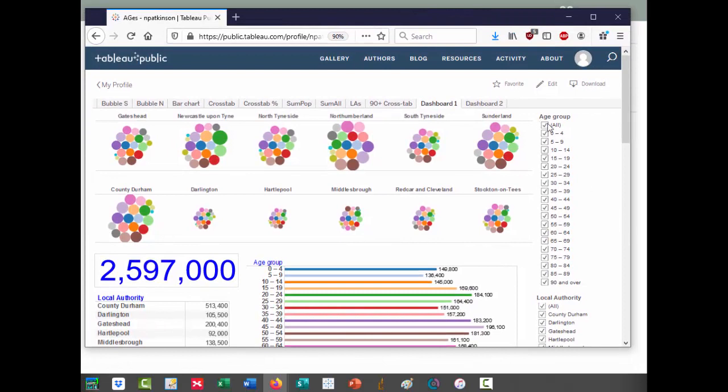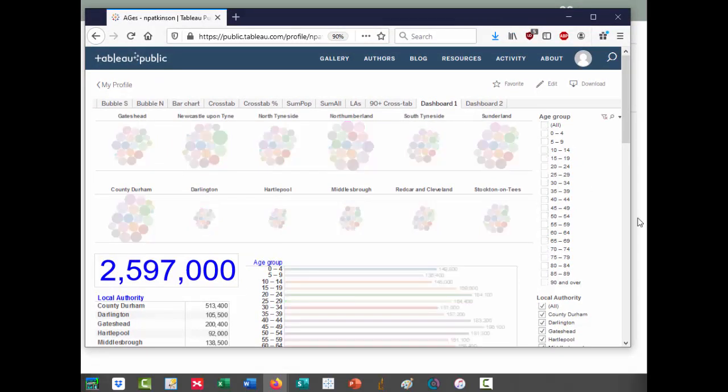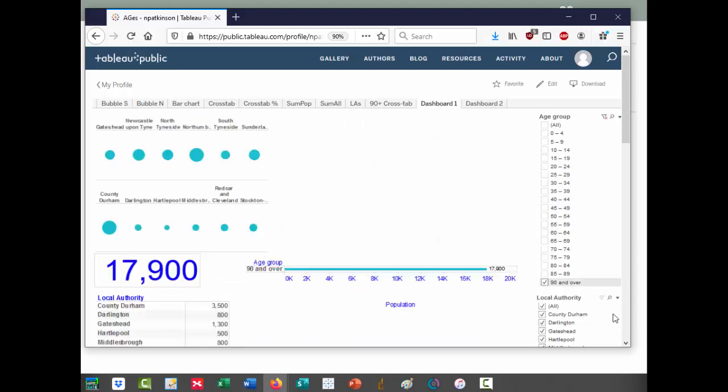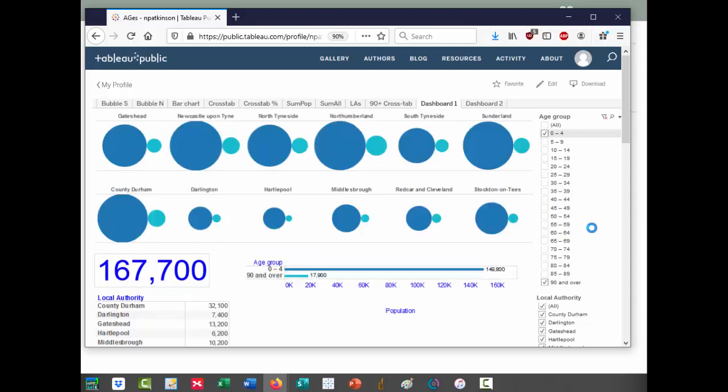So, for example, if you were considering how many people were aged over, shall we say, 90, there are about 17,900 in the northeast region. If you wanted to compare that, for some obscure reason, to the youngest children, it brings that in, and you can see the differences in population.